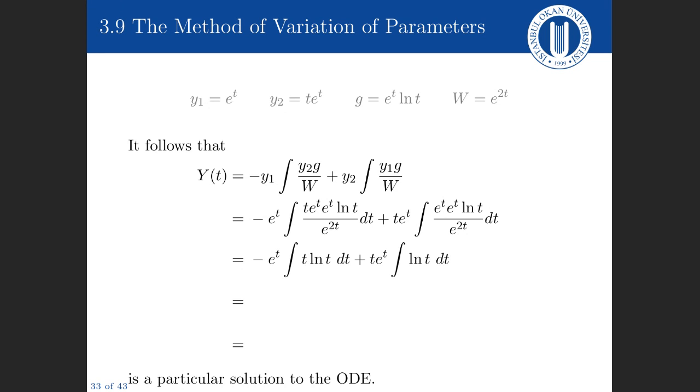We are left with minus e to the power t, integral of t ln t dt, plus t e to the power t, integral of ln t dt. This is easier to use, but we still have to do the exact same two integrals as previously.